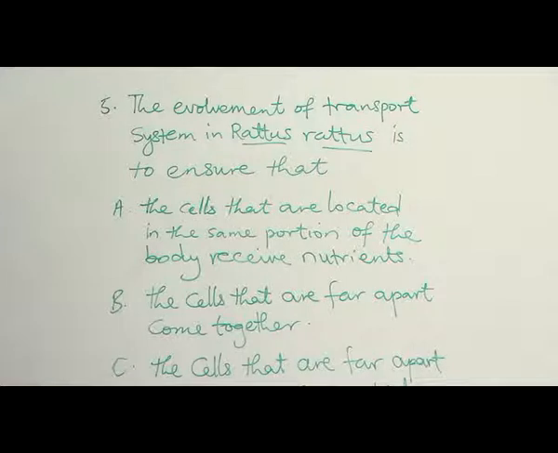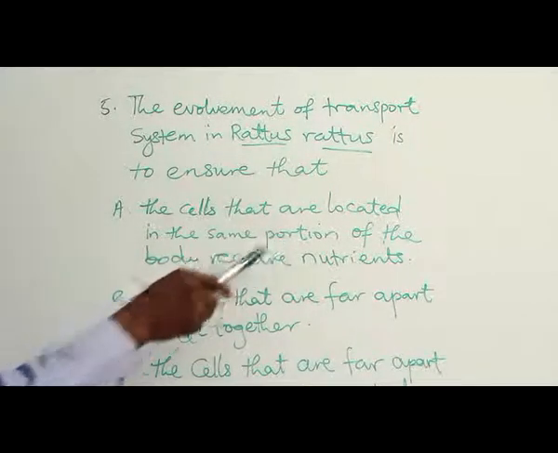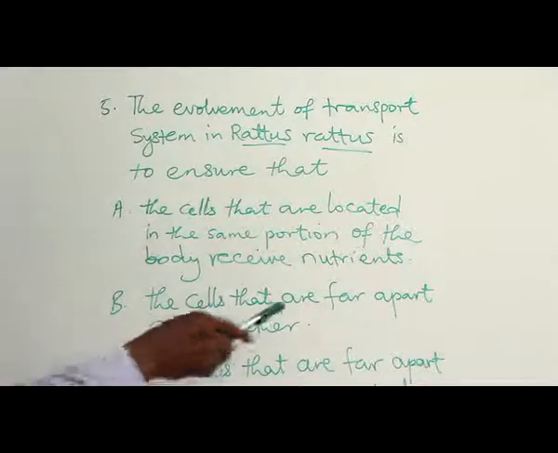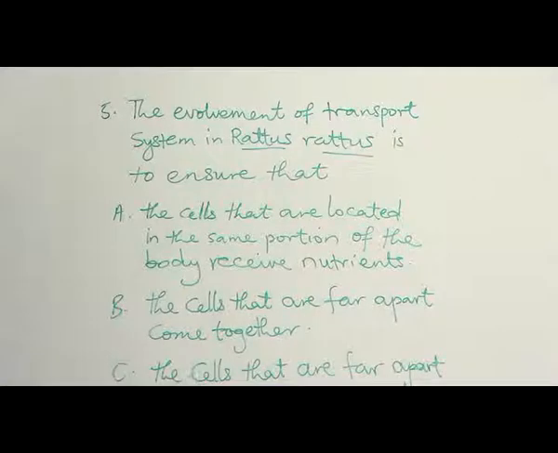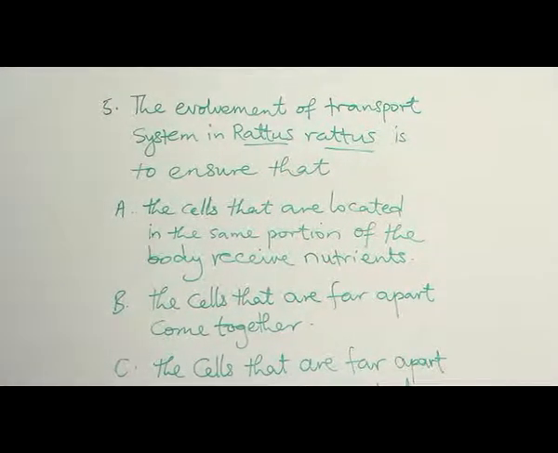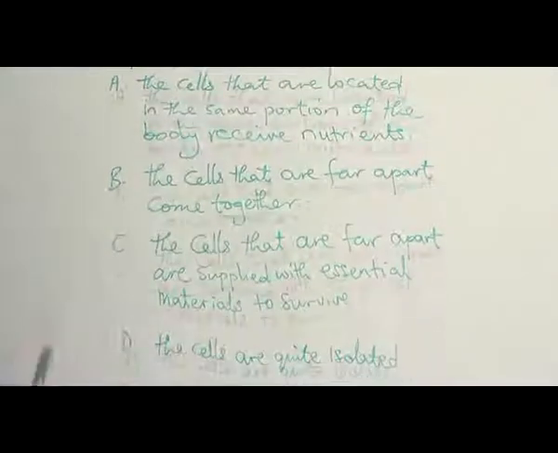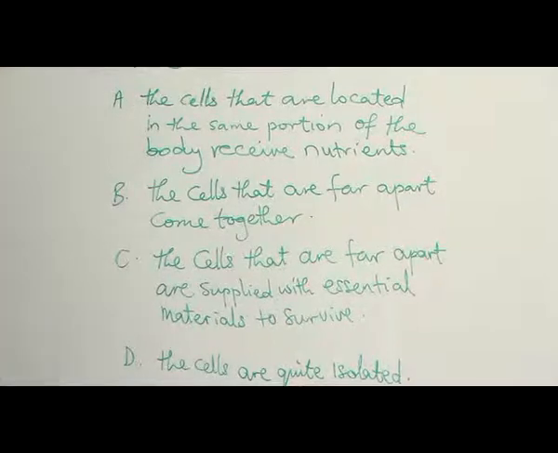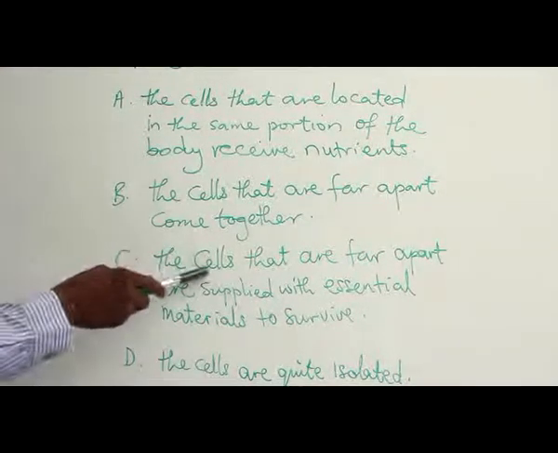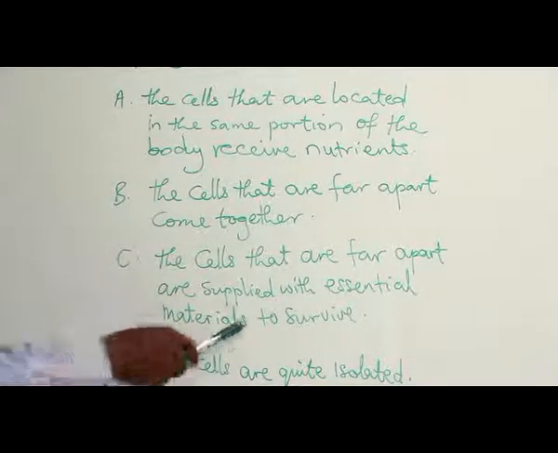It could not be cells located in the same portion alone that will receive nutrients. And it will not be that the cells that are far apart can come together. That is not the purpose of the circulatory system. And of course, it's not the purpose of a transport system for the cells to be quite isolated. The answer to example 5 is option C, the cells that are far apart are supplied with essential materials to survive.